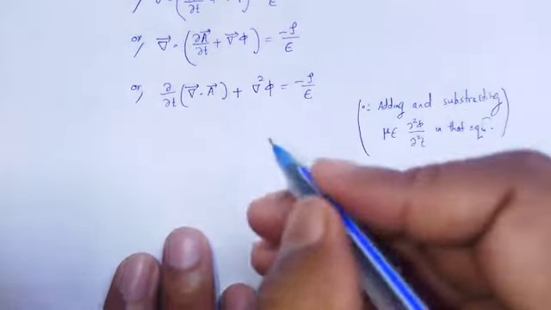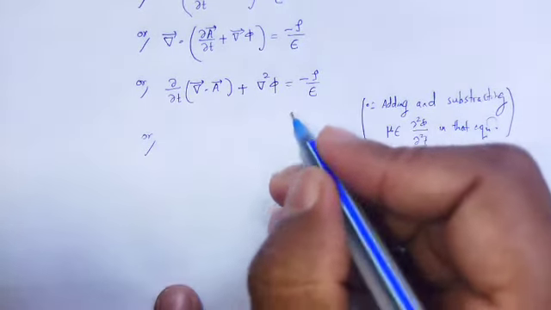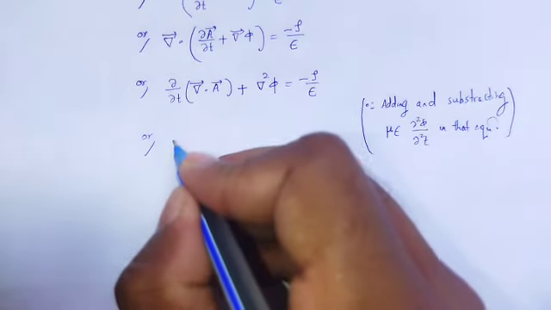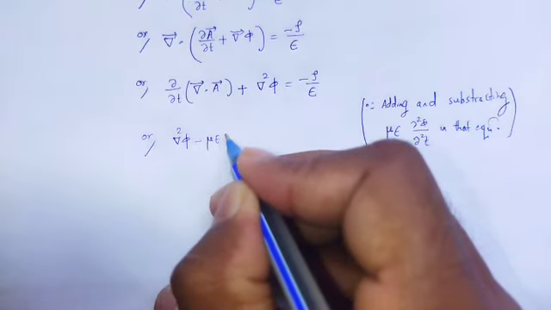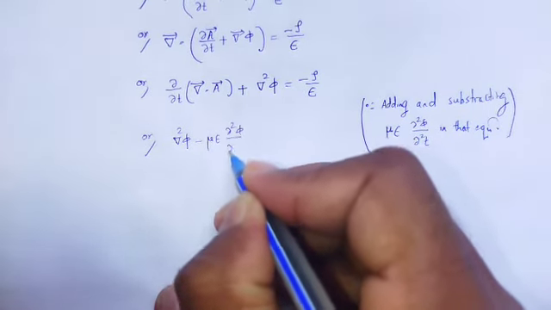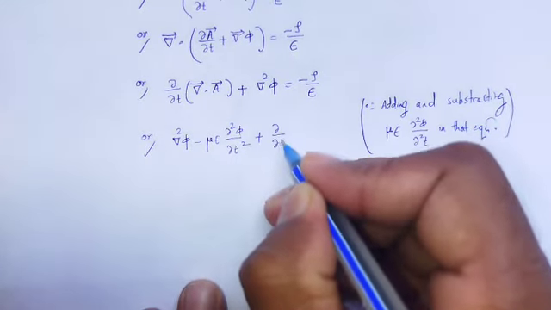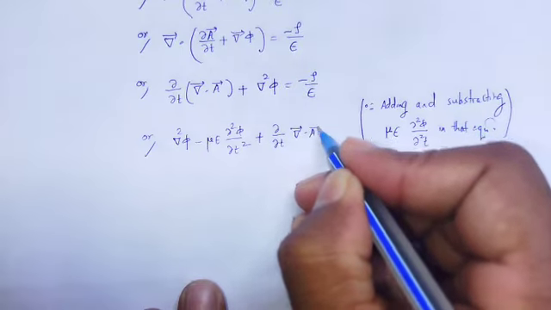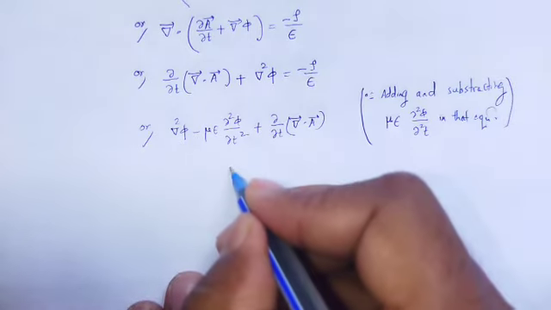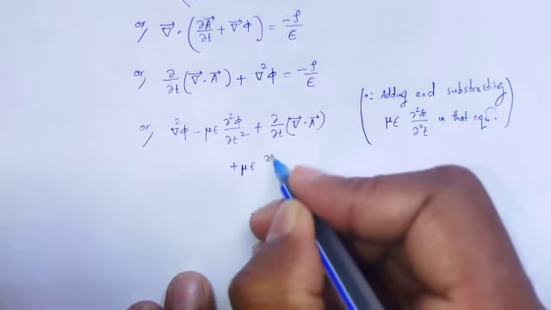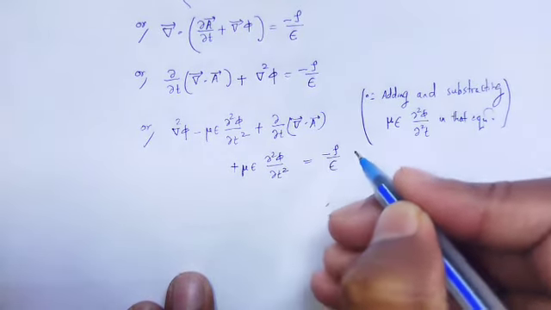There will be no such change. Now we write it as grad square phi minus mu epsilon del square phi by del t square plus del by del t grad dot A, then subtracting here and adding mu epsilon del square phi by del t square is equal to minus rho by epsilon.